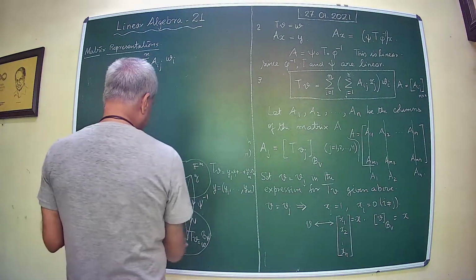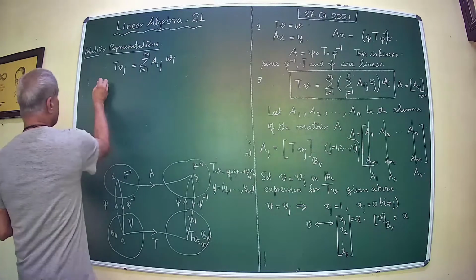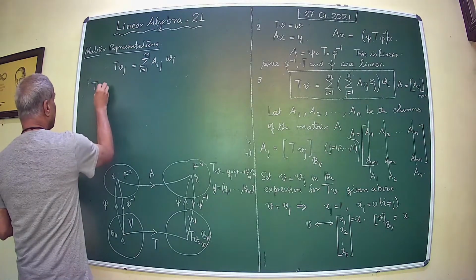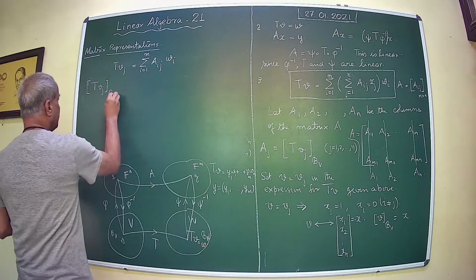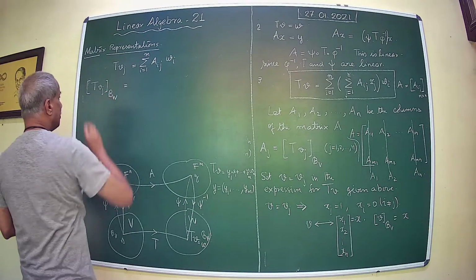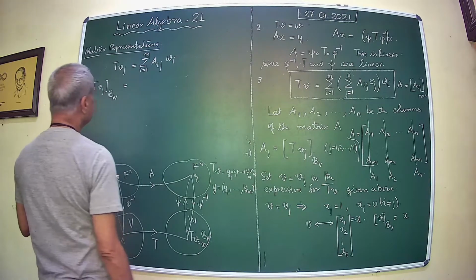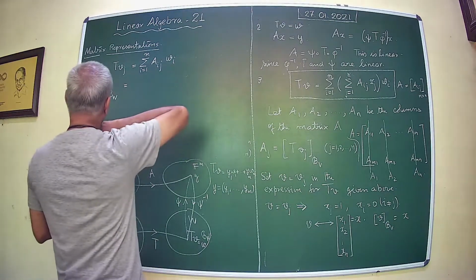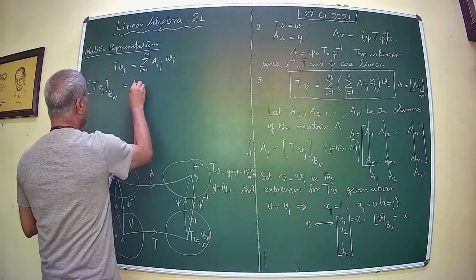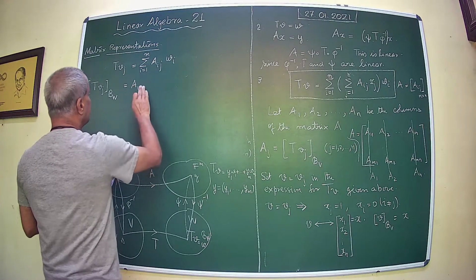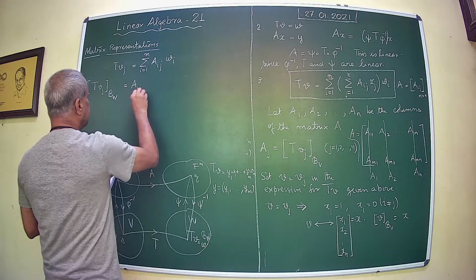Therefore, TVj with respect to BW is given by, if you fix j and write it up, A1j and so on.